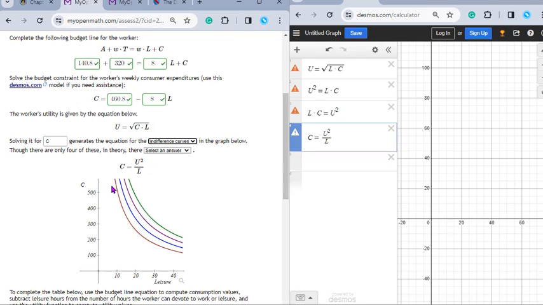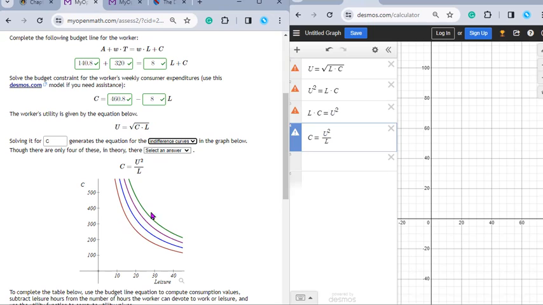So when leisure is scarce here, we're willing to give up a lot of consumption to get a little bit of leisure, right? When leisure is not scarce, we're not willing to give up a lot of consumption to get more leisure. And that's why this curve bows, and that's why it's called an indifference curve.